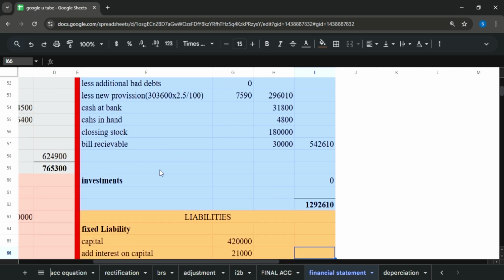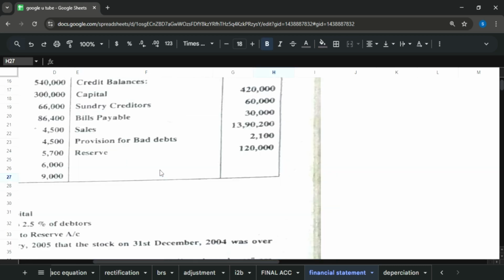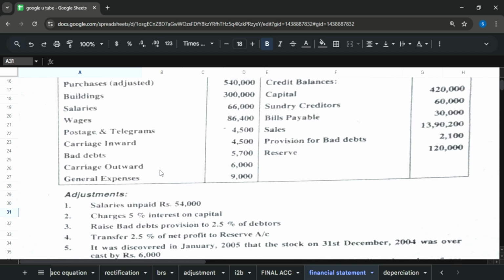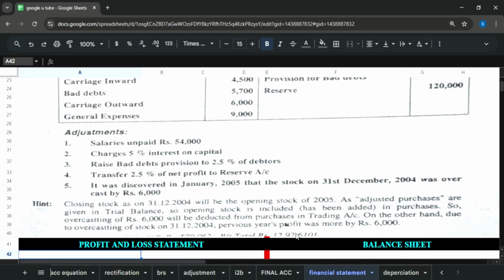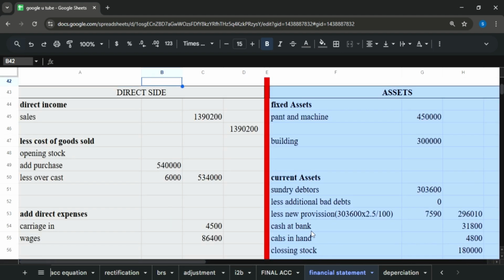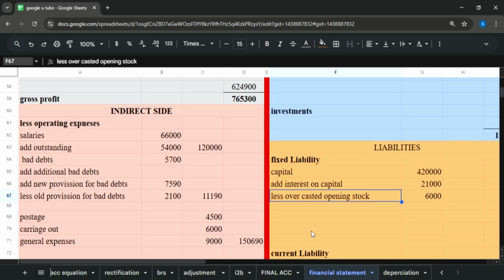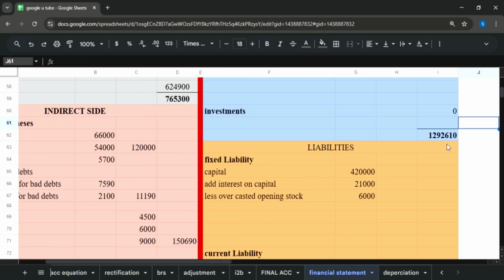Investments are nil, and here you can see 1292610 is the amount of asset side. Although answers are not visible, only the balance sheet answer is present, 1292610, and the asset side which we have calculated is over here, 1292610.